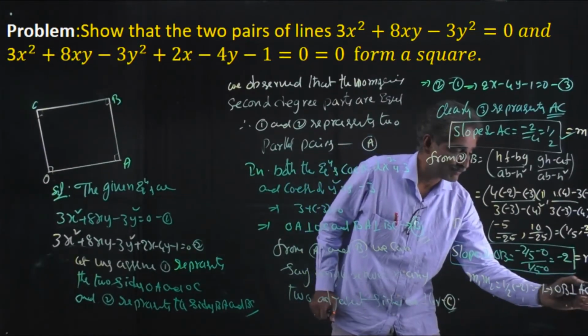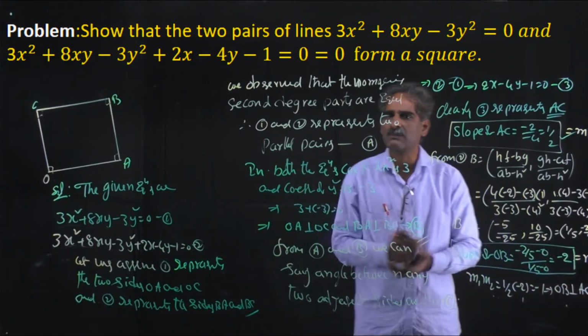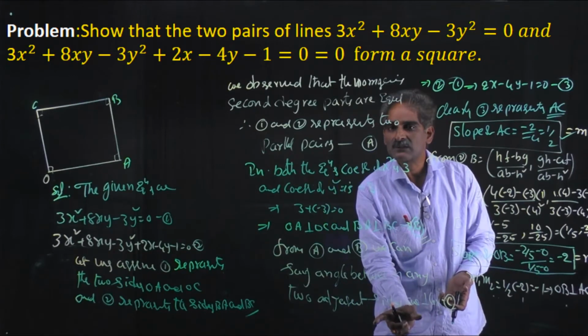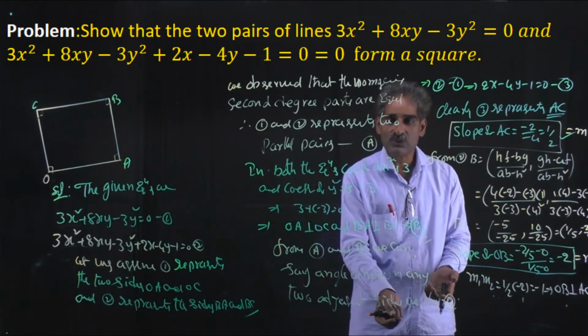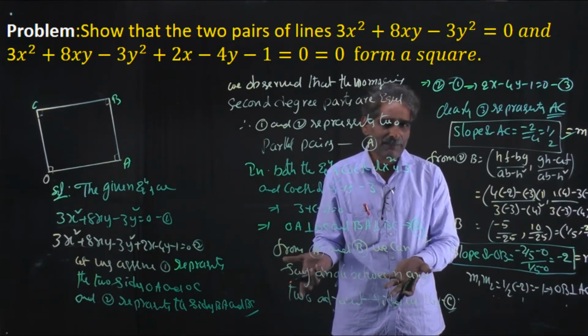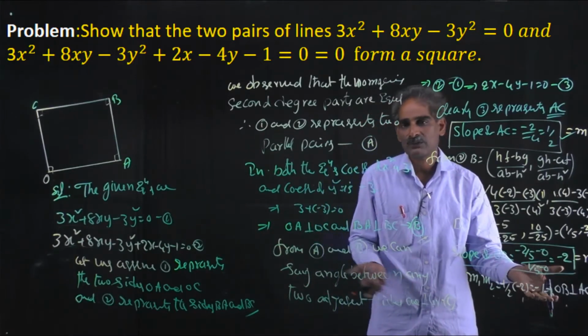Let it be D. From C and D, we can say that the given pair of equations forms a square. Clearly, the angle between any two adjacent sides is 90. It may be a parallelogram, rectangle or square, but the diagonals are perpendicular, so it becomes a square.